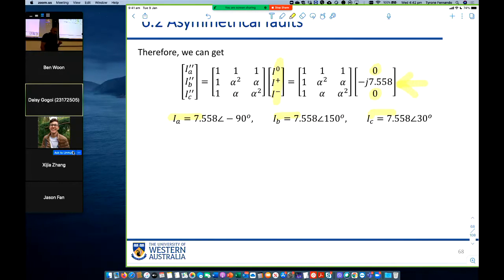Then only the positive sequence circuit will have a voltage source, and that voltage source is the pre-fault voltage relevant to that terminal, in other words, the internal voltage of the source connected to the terminal where the fault is going to occur. That's the pre-fault voltage that we are going to use in the positive sequence circuit.